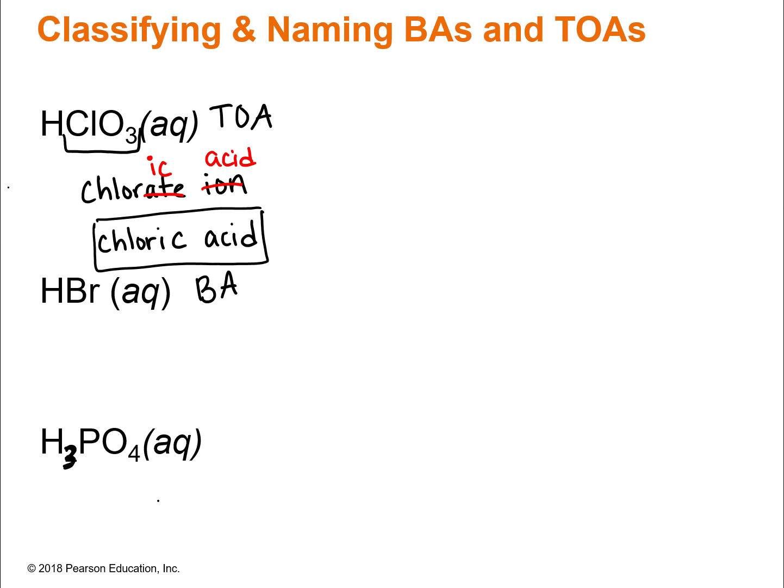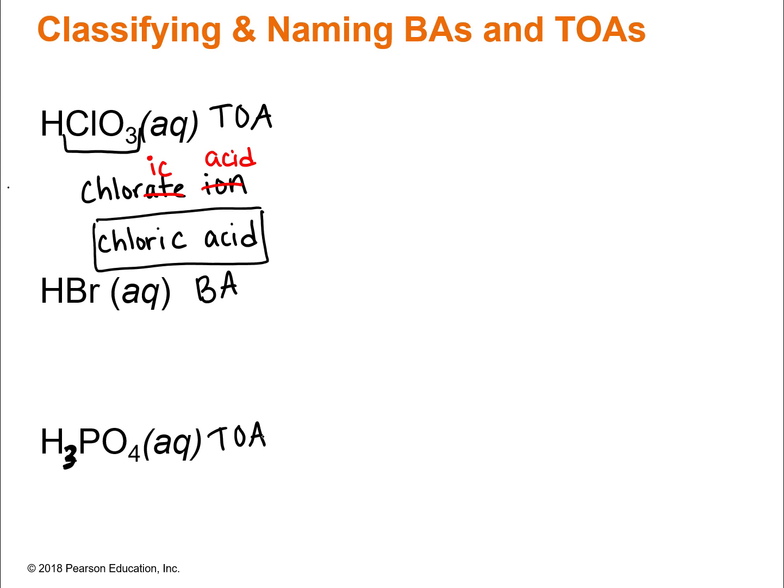This last one, binary acid or ternary oxyacid? Once you know the classification, you can name it. So let's go through and name these two.